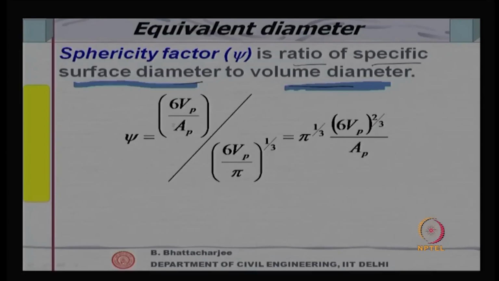This is the specific surface diameter and this is the volume diameter: 6 V p by A p and 6 V p by pi to the power 1/3. So, this will be pi to the power 1/3 and 6 V p, this is 1/3, this was 1 minus 1/3. So, this will be 2/3, here also 6 V p divided by A p.